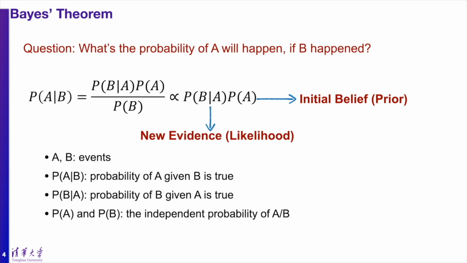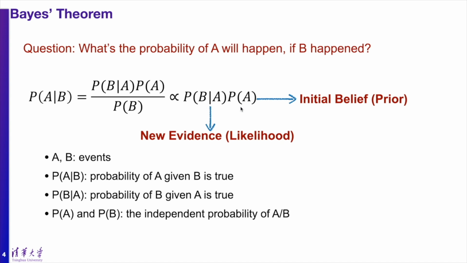If we use mathematical language to describe Bayes' theorem, we will get this equation. The probability of event A happening given event B has already happened can be calculated as the probability of B given A times the probability of A, over the independent probability of event B. In this expression, we can also see what we discussed in the last slide.